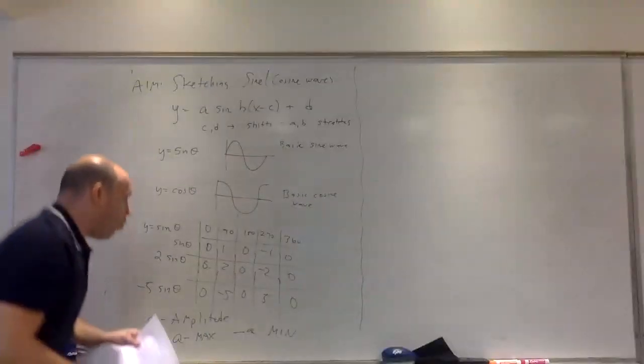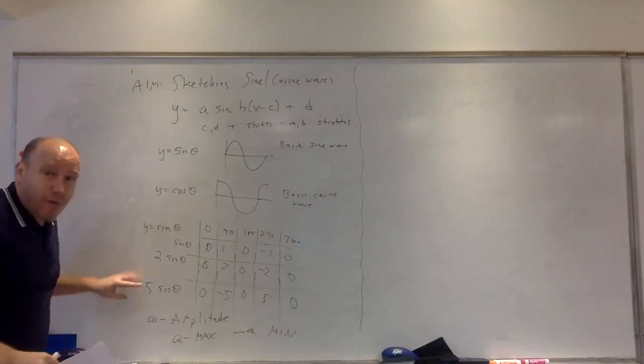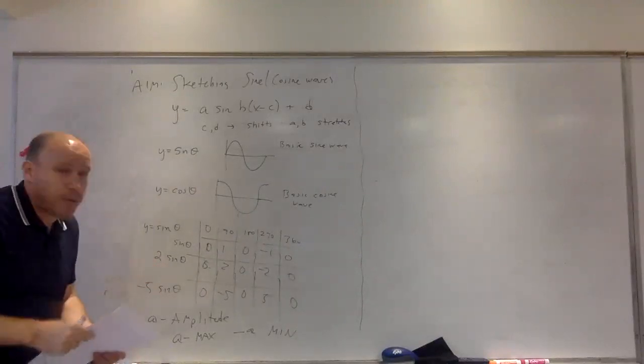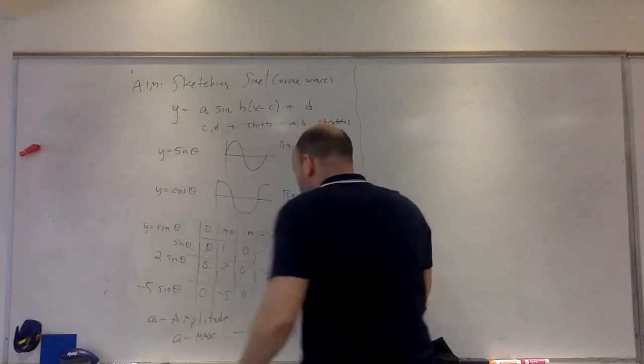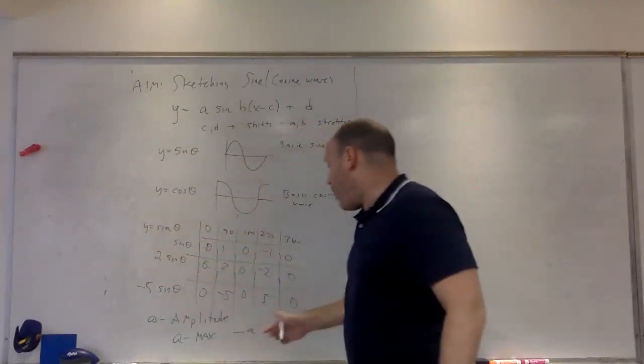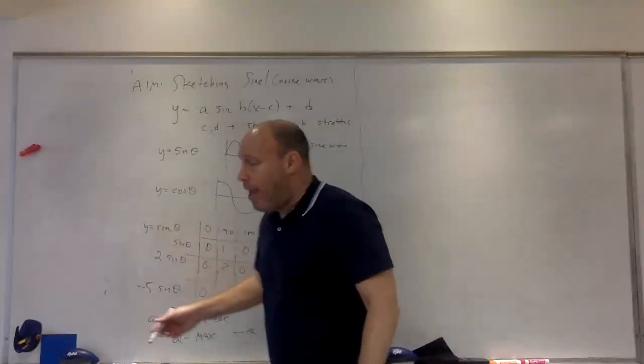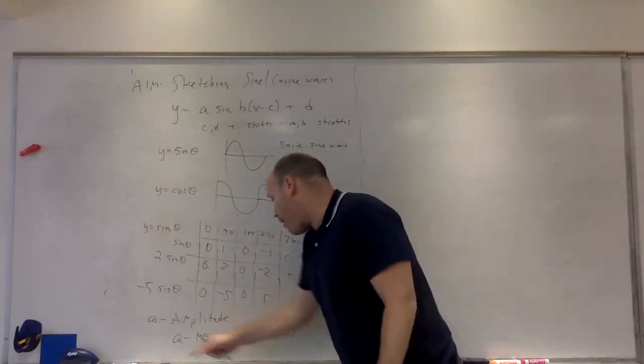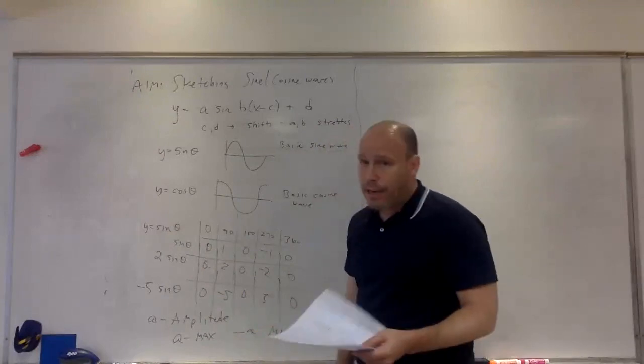The negative is a reflection that just flips it around. But the idea is that when we have A sine of x, our maximum is always A, and our minimum is always negative A.